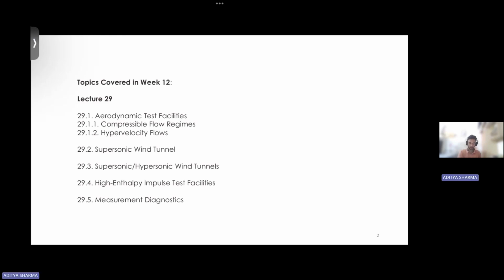So this is week 12. The first lecture in this week is lecture number 29, and the first topic here is aerodynamic test facilities. In this lecture, firstly the compressible flow regimes have been discussed, right? The four regimes have been mentioned.